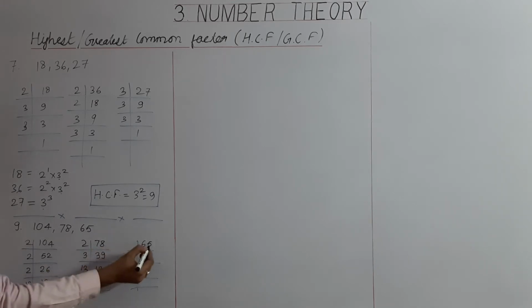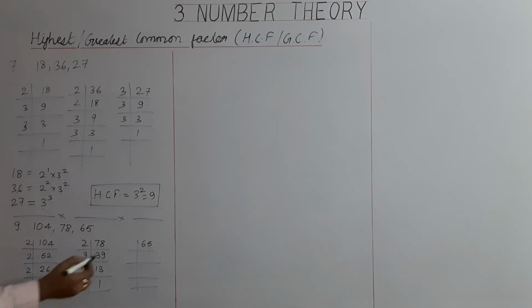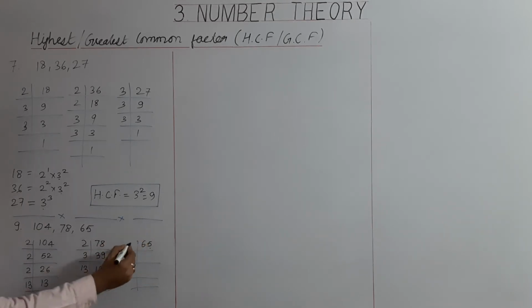For 5, last digit of the given number must be 0 or 5. Here the last number is 5, so this number is divisible by 5. We'll divide 65 by 5, we get 13. Again 13 is a prime number, so we'll divide 13 by 13.